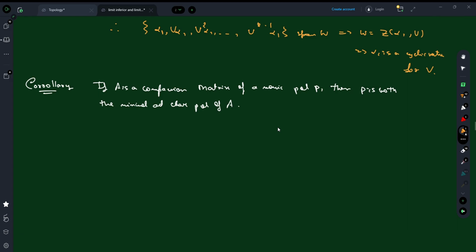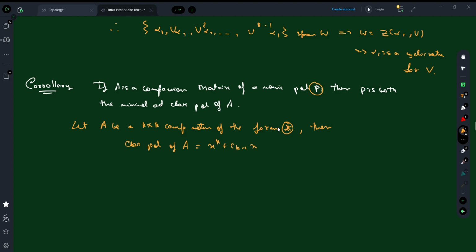Observe that we already have the form of the characteristic polynomial of A. So if I choose A to be a k cross k companion matrix, let A be a k cross k companion matrix of the form star, but obviously this polynomial P abides by the form of star, then we have the characteristic polynomial of A to be x to the power k plus c_{k-1} x to the power k minus 1, and so on till you have c1 x plus c0, right?